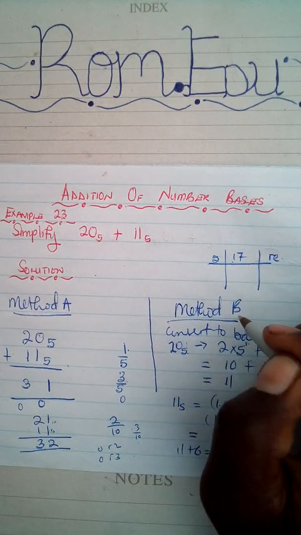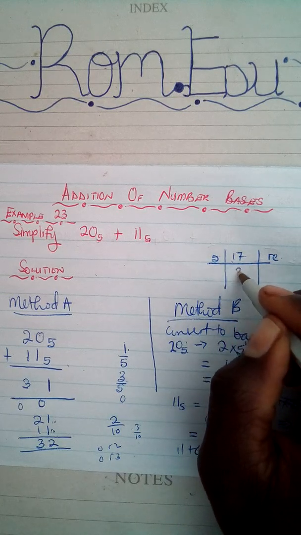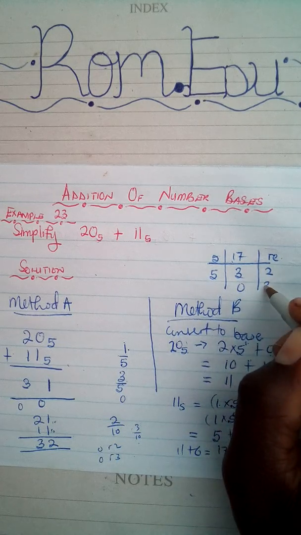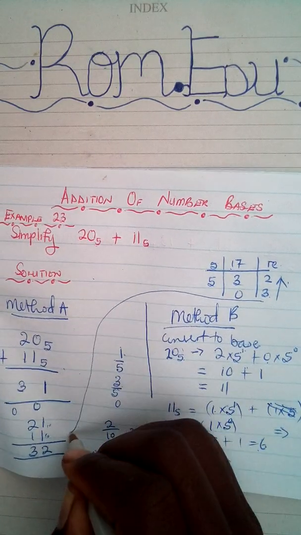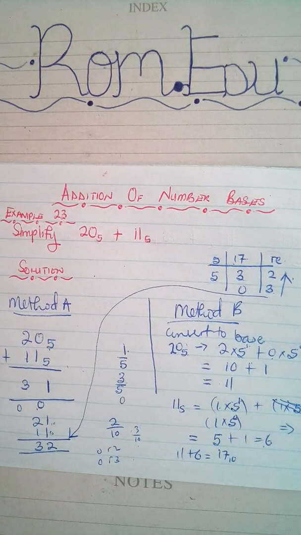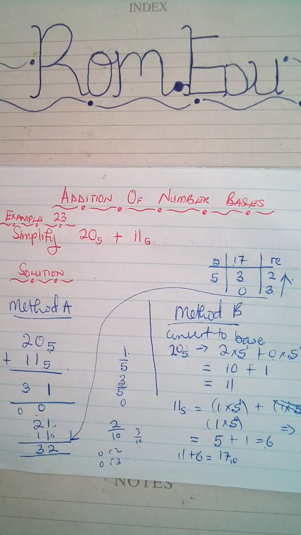So 5 into 16 is 3 remainder 1, then 5 into 3 is 0, remainder 3, then I write it going upward. So the answer is going to be the same, but it's absolutely long, as you have seen here. So I advise you to use method A under exam conditions.